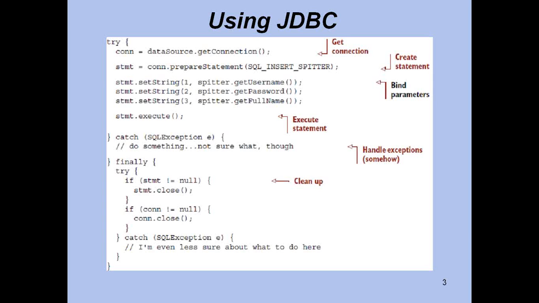If you remember, the way we were doing that is, first you need to get a data source, or you can get the connection object through a driver manager. Remember, I told you two ways to get the connection object.